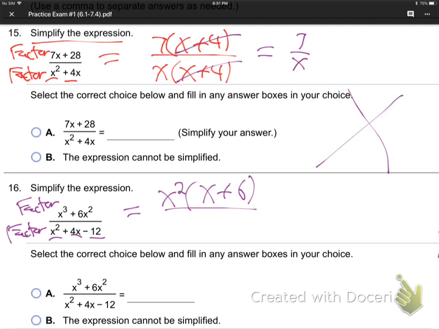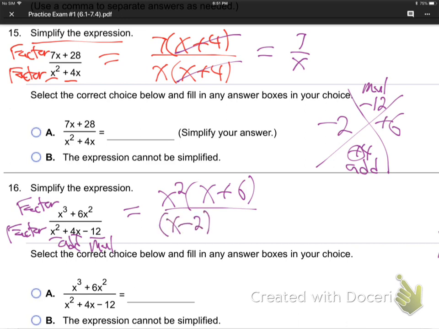So what multiplies to be minus 12 and adds to be plus 4? What times what is 12? 2 and 6. The sign on the bottom goes in the bigger. So plus 6, minus 2. There it is. So that's going to be x minus 2, x plus 6. Okay, now that it's factored, now we can cancel those 2. We're left with x squared over x minus 2.